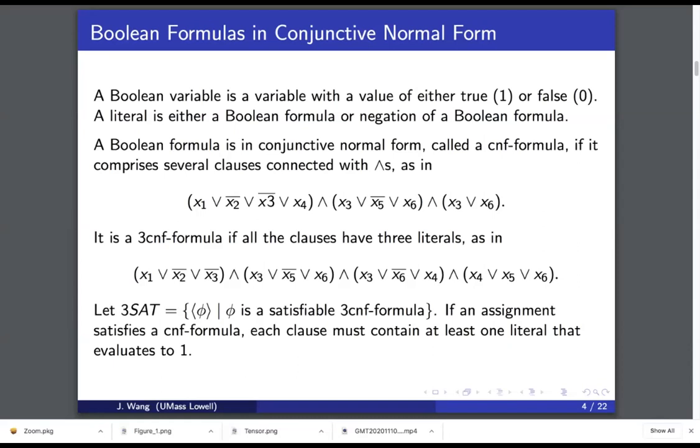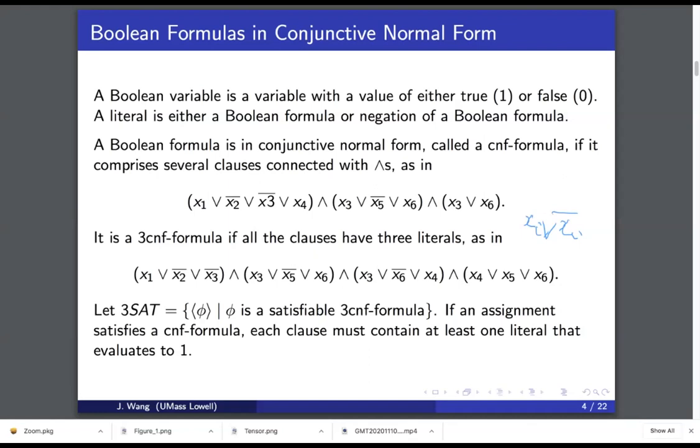If xi and xi bar are in the same clause, then that clause is always true because xi or xi bar is always true. That is trivial, so we don't include those trivial cases. So a 3 CNF formula is a CNF formula such that each clause is non-trivial and has exactly 3 literals.